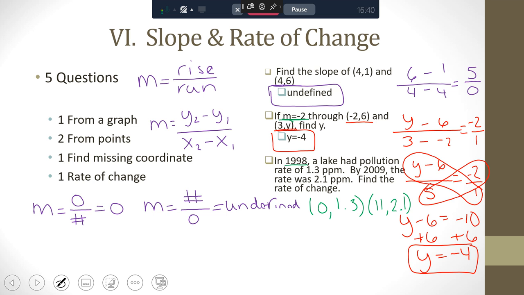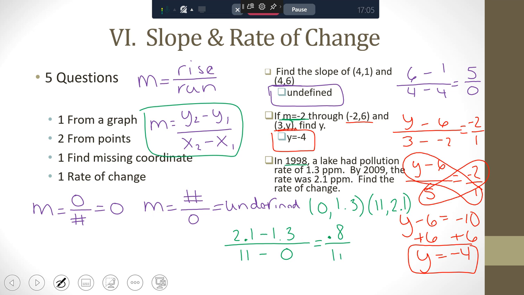So now I'm going to use my slope formula to find my average rate of change: 2.1 minus 1.3 over 11 minus 0. 2.1 minus 1.3 is 0.8, and 11 minus 0 is 11. When I solve, I get 0.07, which means 0.07 ppm per year.